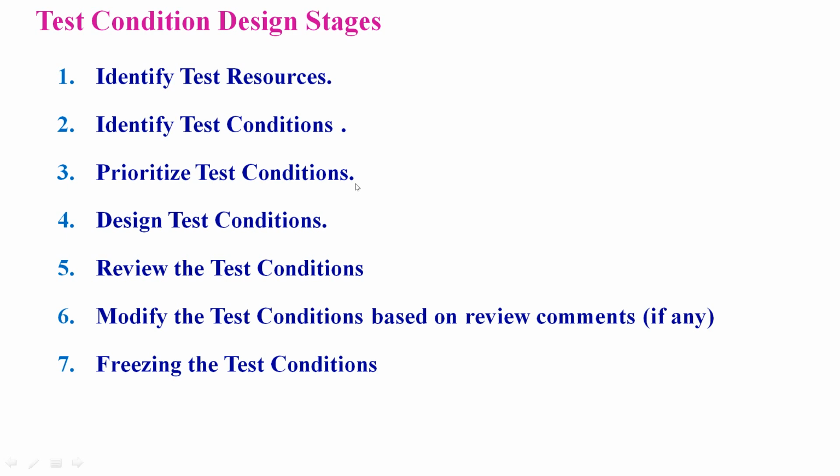Say for example, for requirement 10, you are designing the test condition. As we have discussed earlier in the previous sessions, during the requirements gathering stage, each and every requirement will be prioritized. What do you mean by priority? Priority is nothing but a level of importance. Some requirements will be high priority, some medium priority, some low priority.